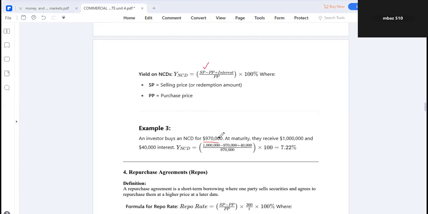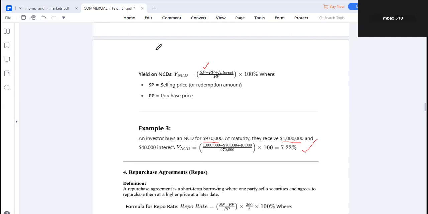The selling price. So our selling price is what? 1 million. This is the redemption amount, minus the purchase price of 970, which is here, and the interest of 40,000 are there, over the purchase price of 970,000 times 100. So here we're going to get a value of 7.22.